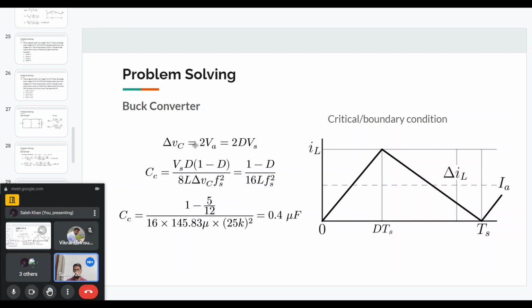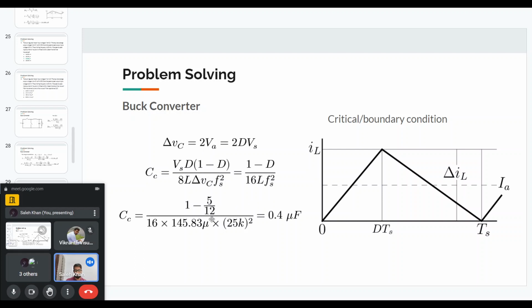but this is not very practical. The output voltage cannot have this much ripple, going from zero to the full voltage, because ideally we would want the output voltage to have a very small ripple. Usually we will have very small ripples. For example, in the question it was given as 20 millivolt out of 5 volts. But for the critical condition, the ripple will be basically double the output voltage.